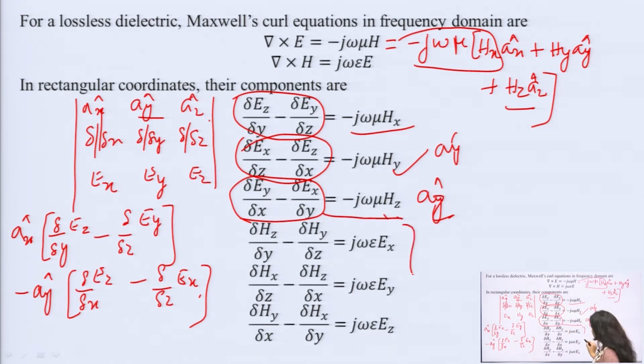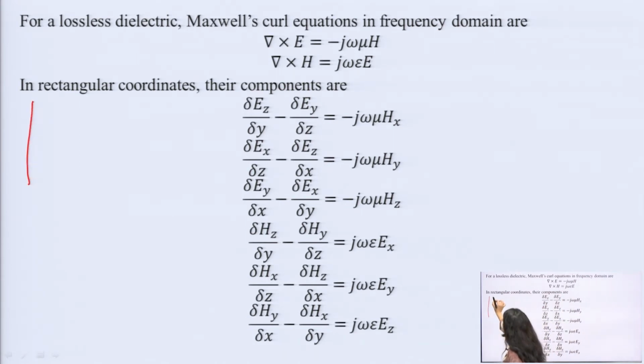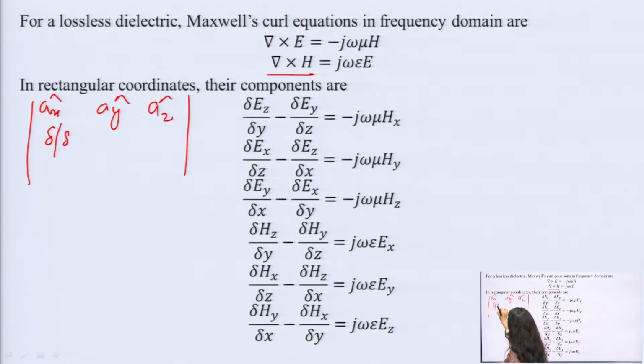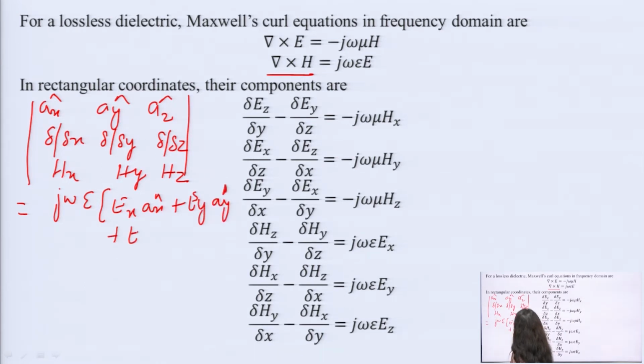And for calculating the terms in the form of Hz, what we have to do is write again del cross H, and this will be equal to j omega epsilon, Ex Ax cap plus Ey Ay cap plus Ez Az cap.